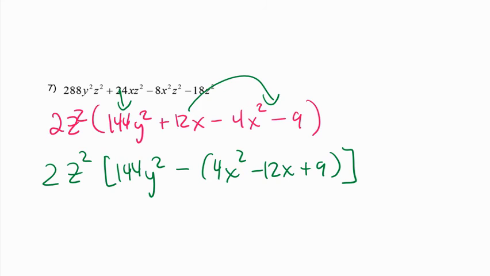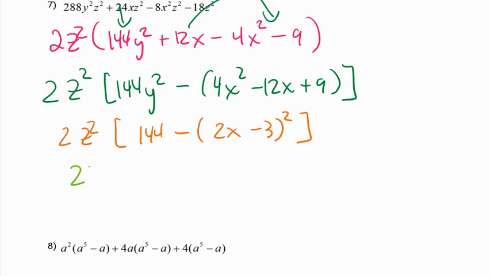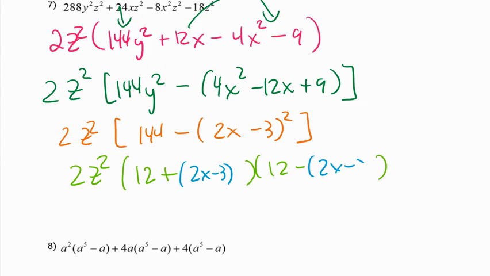Let's make this a bracket. So I have 2z squared, 144 minus 2x minus 3 squared. 2z squared, 12 plus, 12 minus, 2x minus 3 and 2x minus 3.